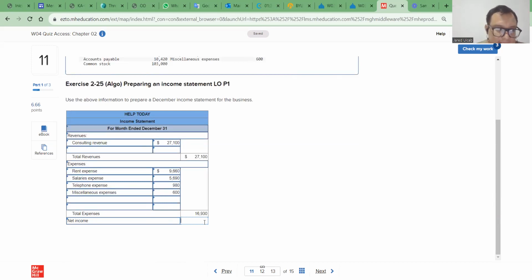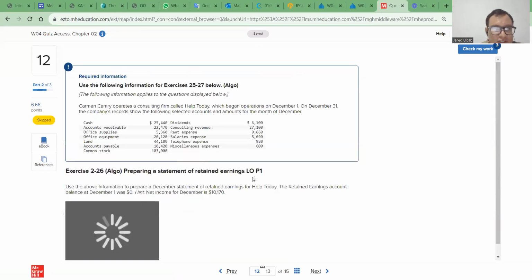It's 27,100 minus 16,930. We have the net income. This is important because for the next statement, the statement of retained earnings, we will need this number. So let's move to the next question.